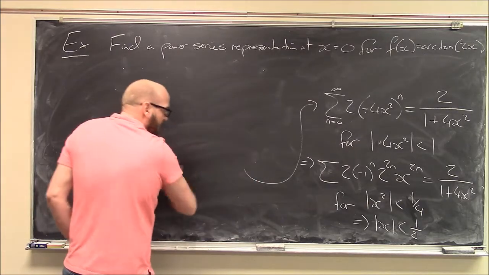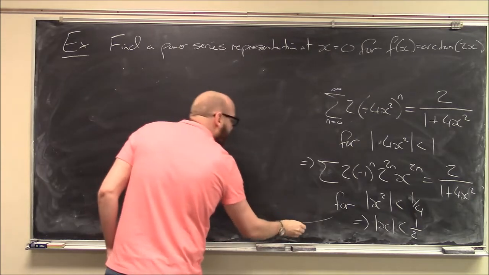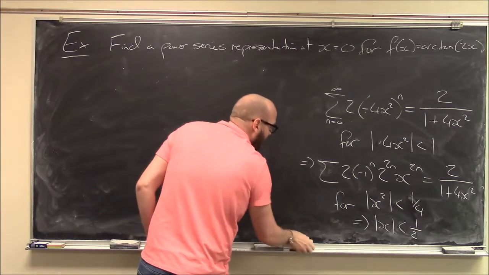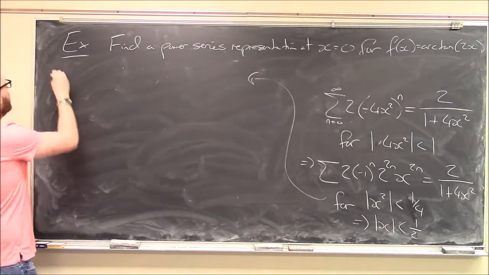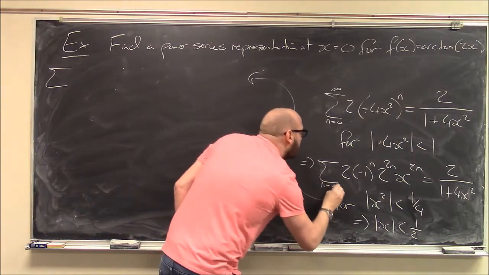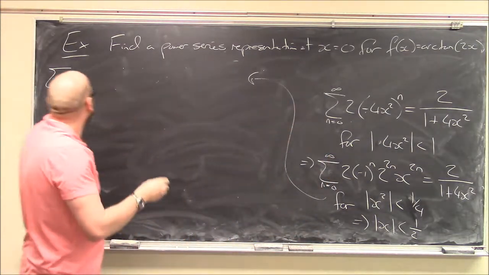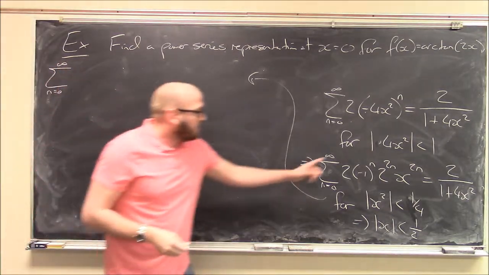Alright, so, bringing this back over here, I'm going to do one more bit of manipulation. I've left off my subscripts, indices, whatever. We've got n equals 0 to infinity. I'm going to write the minus 1 to the n first.